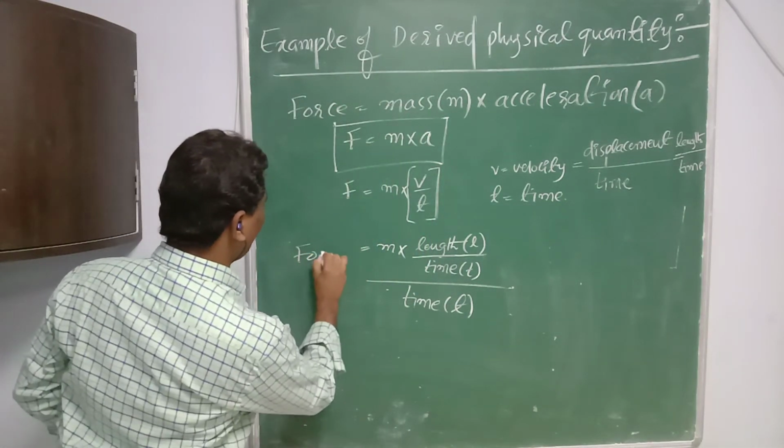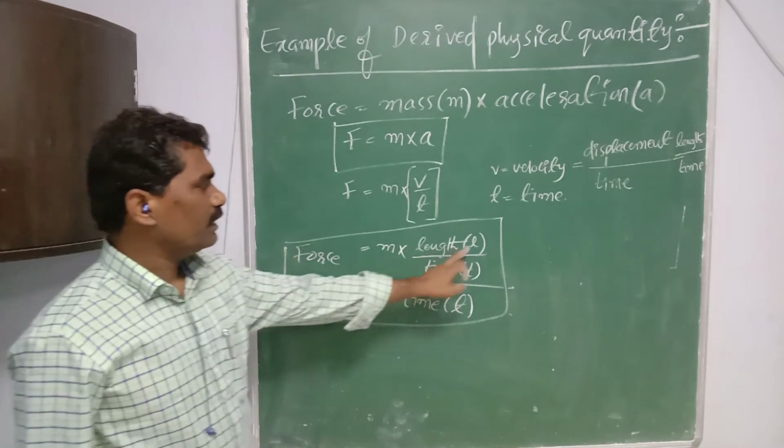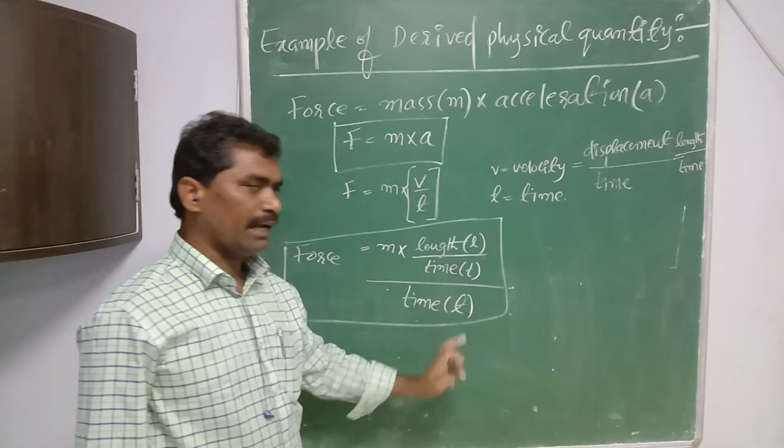Students, you see here, mass is mass, and length is length. So force F is equal to mass into length L by time, whole divided by time t.